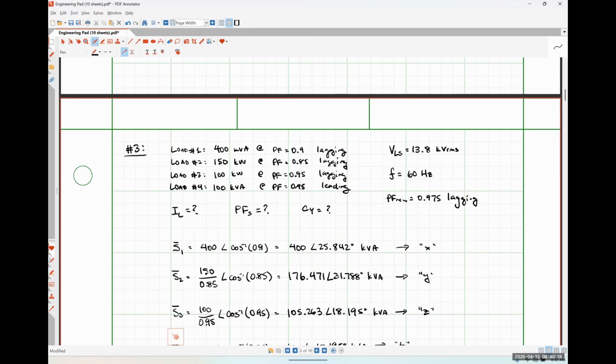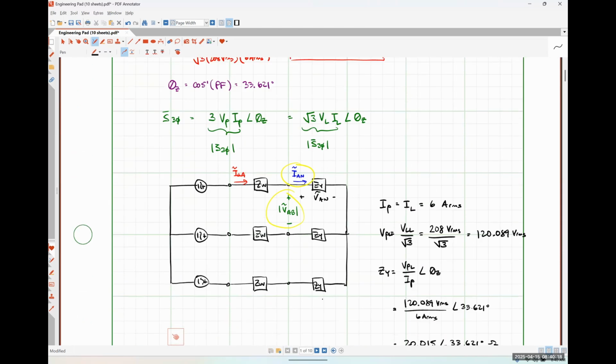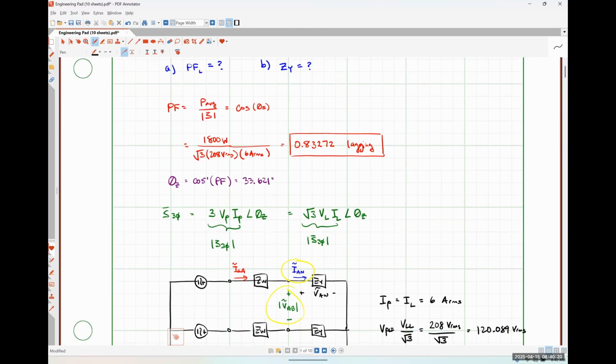So I'm asked to find the line current, and I just want to scroll up here because I already have those relationships written down, right? So I know my total complex power and therefore my apparent power. I know what VL is. √3 is just a constant. So it seems like the magnitude of my line current is just going to be my apparent power divided by √3 times VL. Okay.